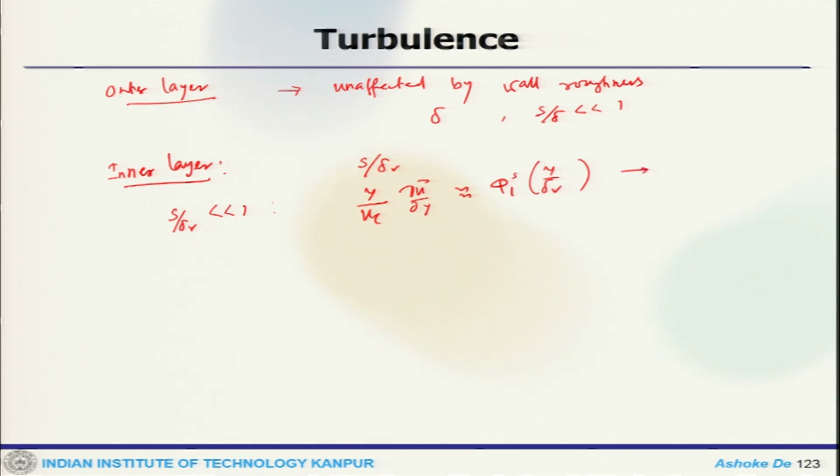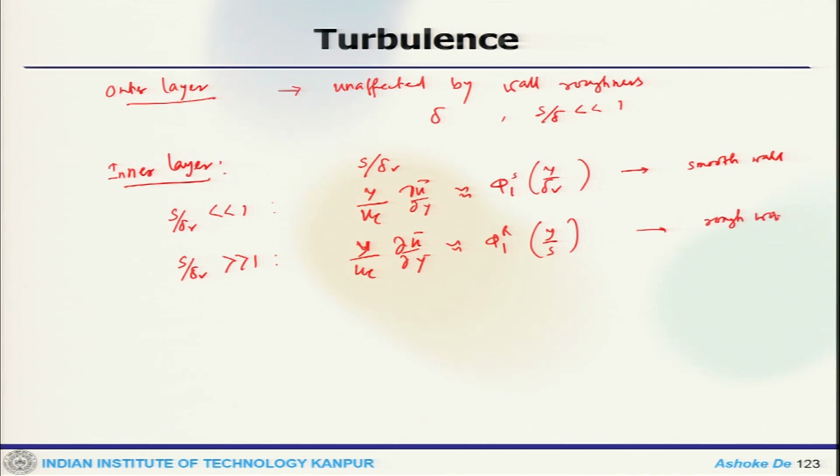This is for the hydraulically smooth wall. Or, if s by delta_v is greater than 1, then y by u_tau del u bar by del y equals phi_1 of y by s, which is again for the hydraulically rough wall.